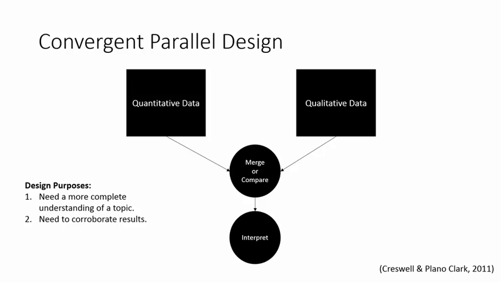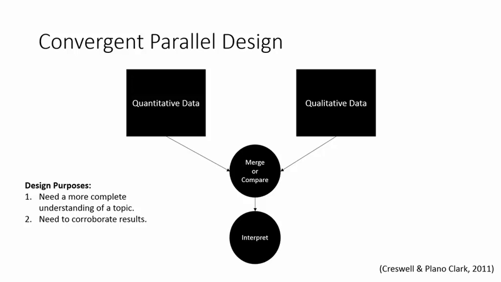An example, at least from a measurement perspective, is that oftentimes we'll have people do think alouds as they are answering items on a test. So here they're answering and giving quantitative information, but at the same time they're thinking aloud and giving me qualitative data. And I can use that to see how people are interpreting items, or help explain why items are functioning in a particular way, and so forth.